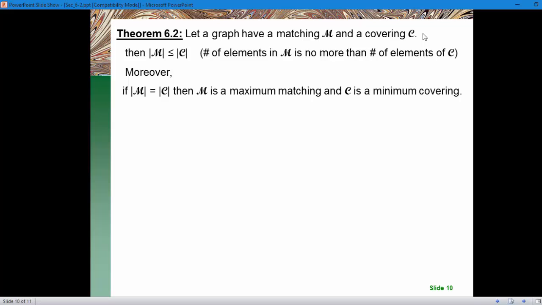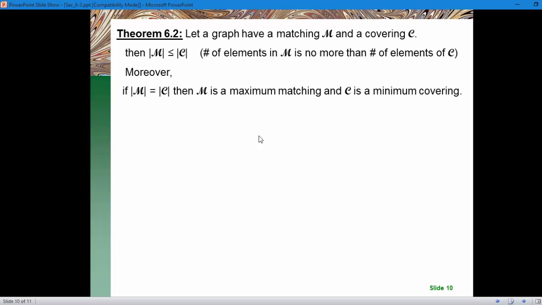Those are special sets of edges and special sets of vertices, right? In a matching, you cannot have a vertex of the graph that is incident with more than one edge in the matching. And in a covering, every edge in the graph needs to touch one vertex of the covering.